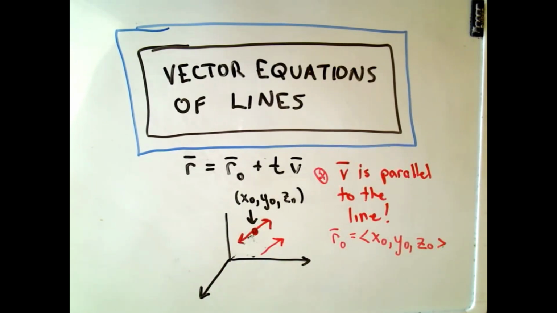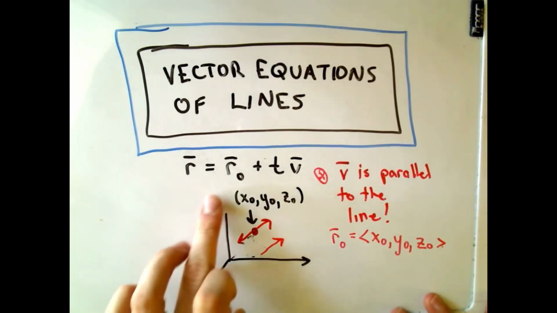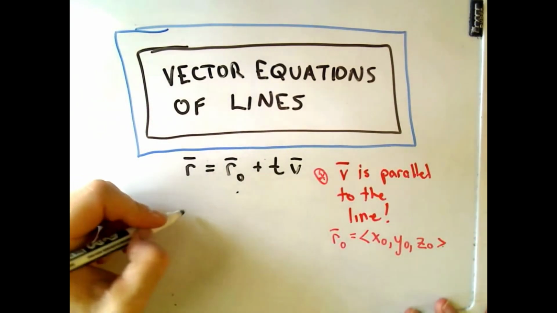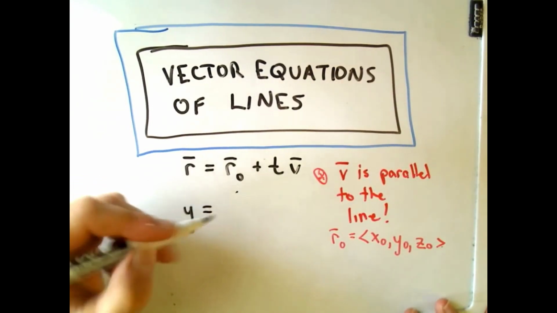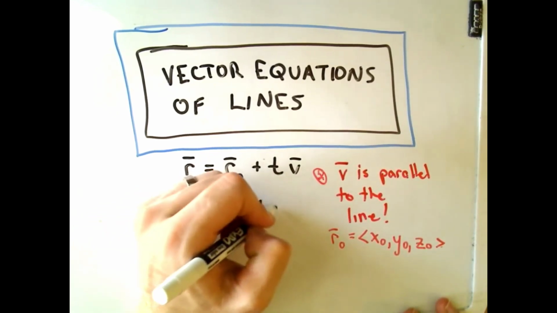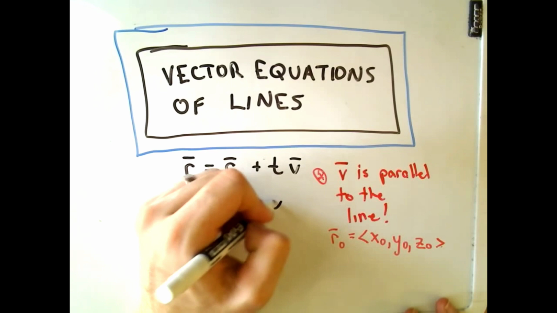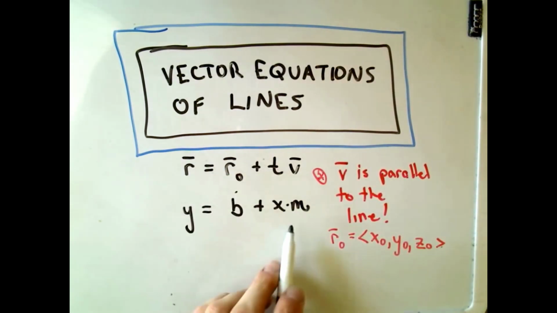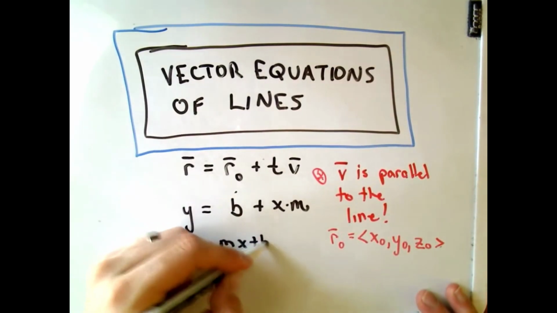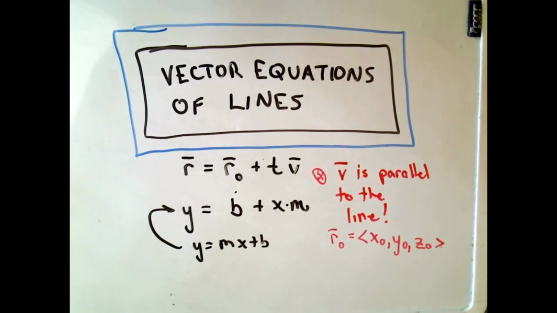Okay, so I don't know if it's worth mentioning the way that I remember this. So let me erase my picture. If you think about slope-intercept form, y equals mx plus b, I'm going to write it as b plus mx, or I could write it as b plus xm. So instead of writing y equals mx plus b, I'm going to rewrite it like this.